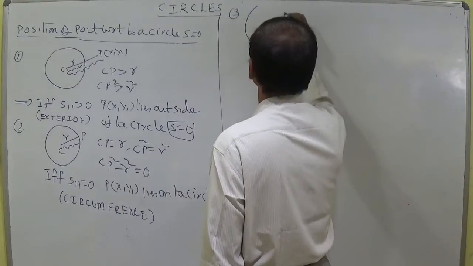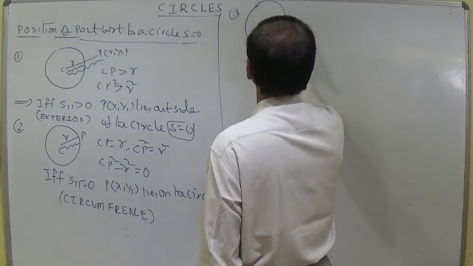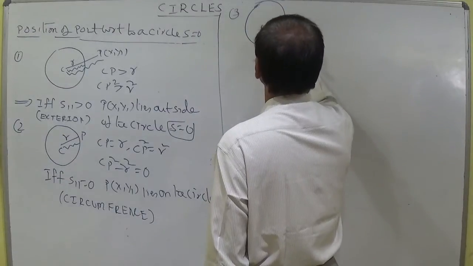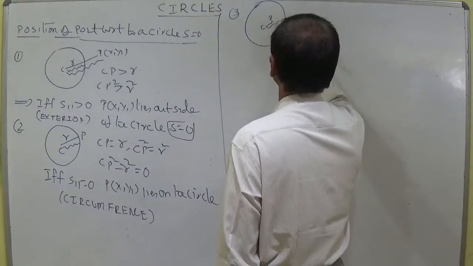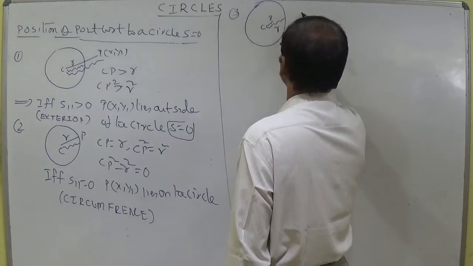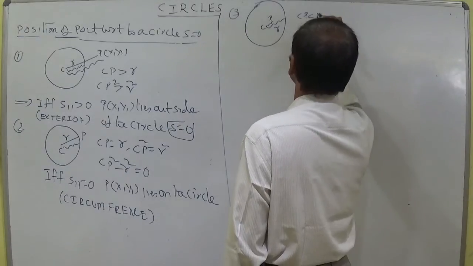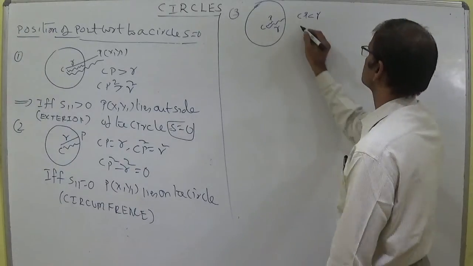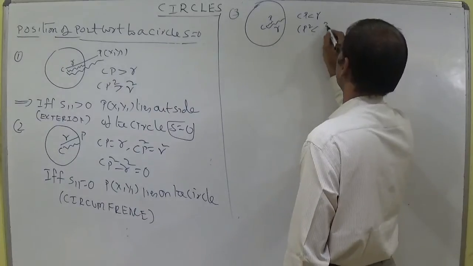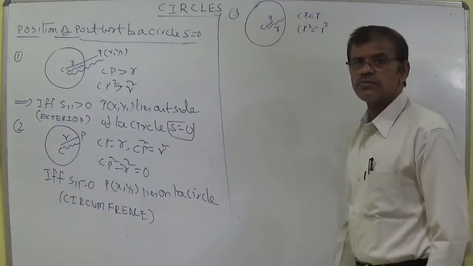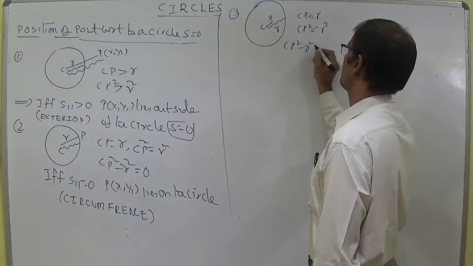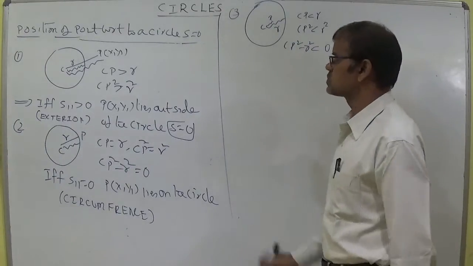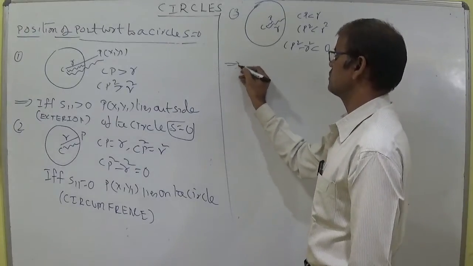Third one. Put C here and this is P. That's all. This is the full radius. So what do you think here? CP less than R. Whenever CP is less than R, by squaring both sides you can write CP square less than R square, so CP square minus R square less than 0.